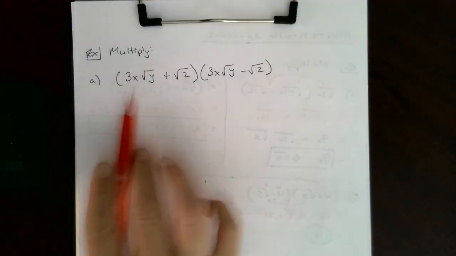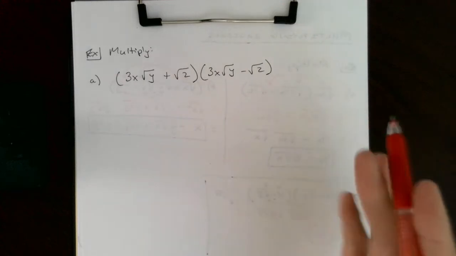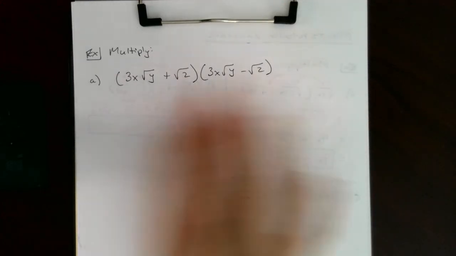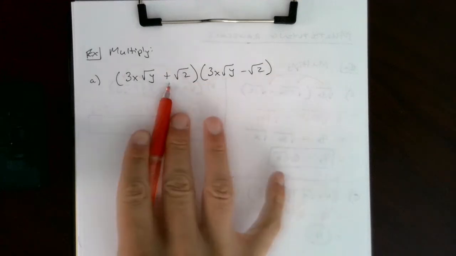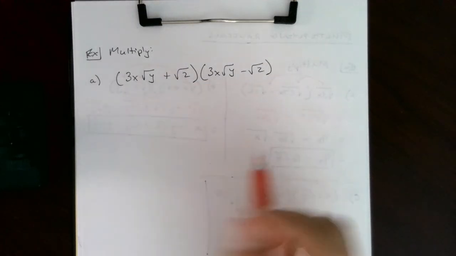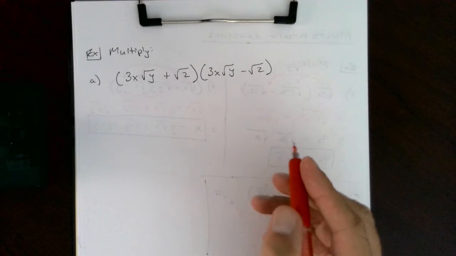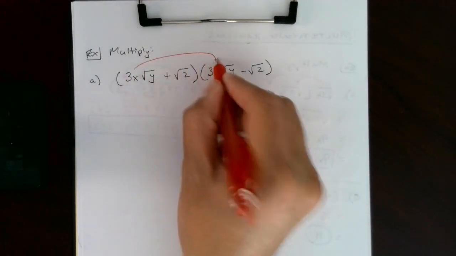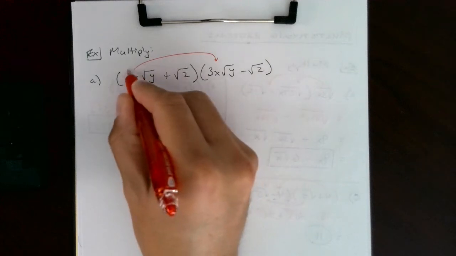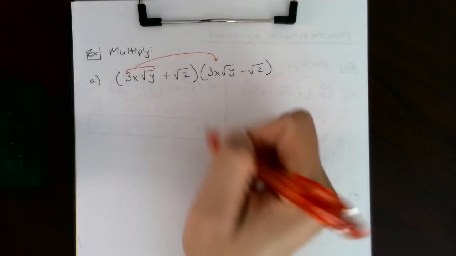So you know the operation is multiplication because these are both in parentheses next to each other. And you have two terms in each of these. And the first thing you should notice is that these terms are the same terms but with an opposite sign in the middle. So these are conjugates. If these are conjugates, remember what the shortcut was. You can multiply just the first terms together. Alright, so this times that.